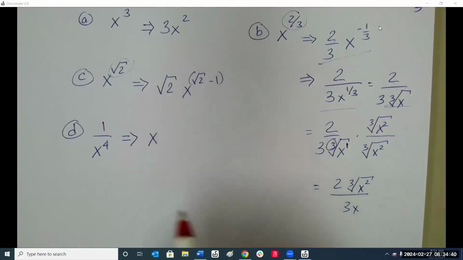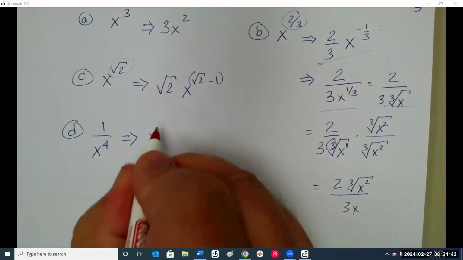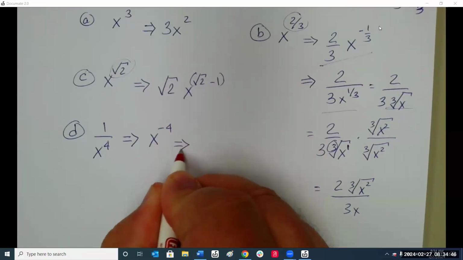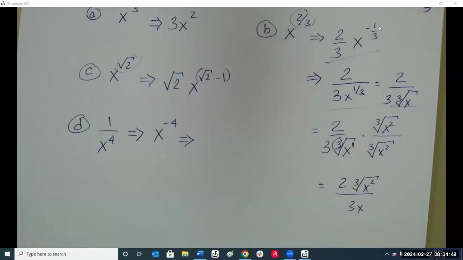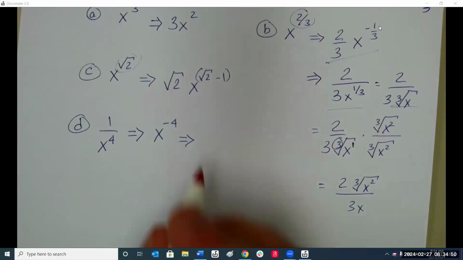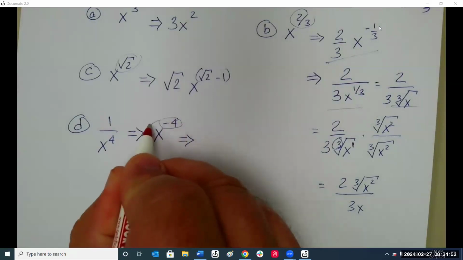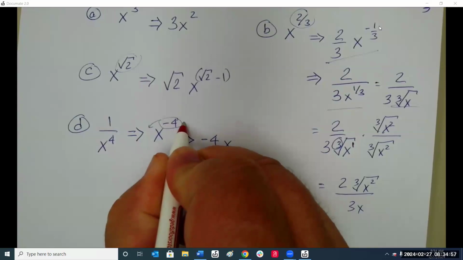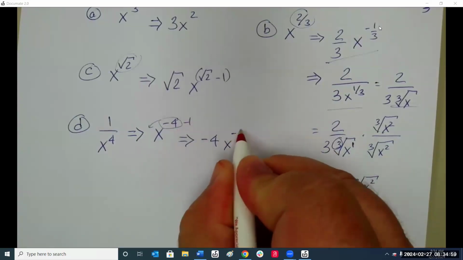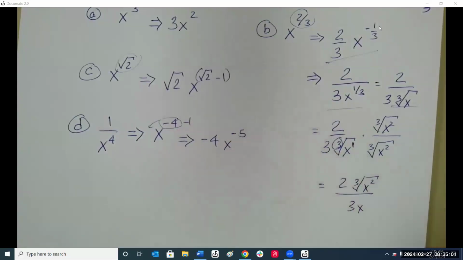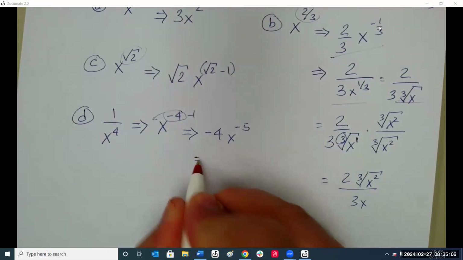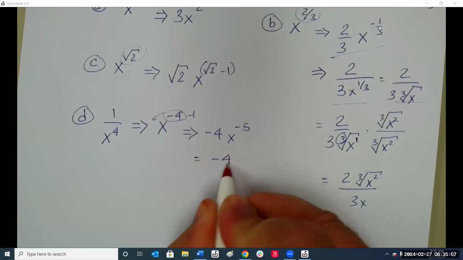What does it become? It's a -4. Bring the exponent down and subtract 1, which becomes -4 over x to the fifth.